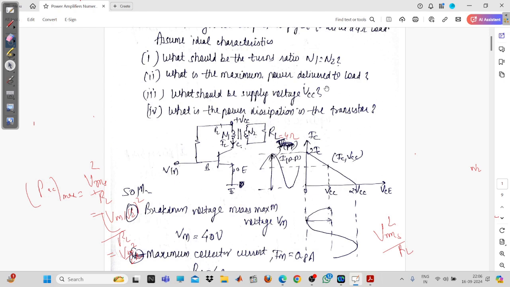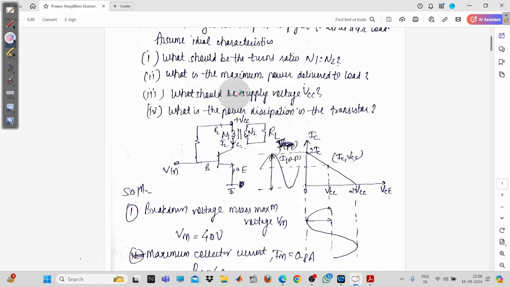Then what is the power dissipation in a transformer? Before calculating the power dissipation, you will have to calculate the input power. So input power will be equal to what? That is VCC into operating current. VCC into operating current will be IC only. From this figure only I am writing, Im is the peak value.